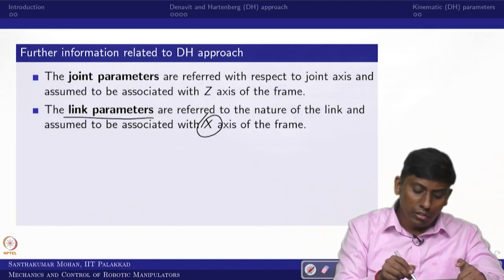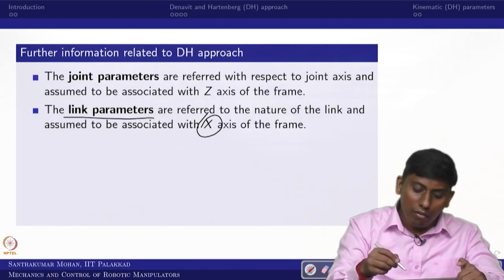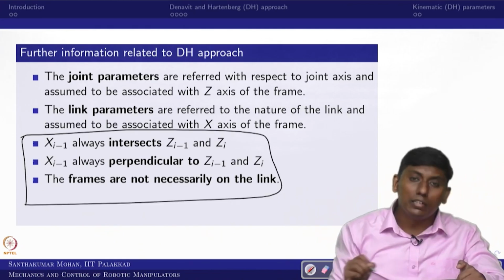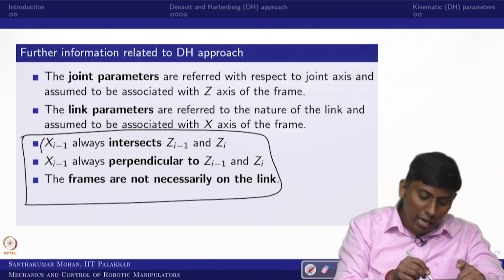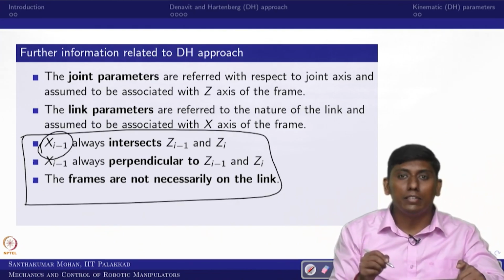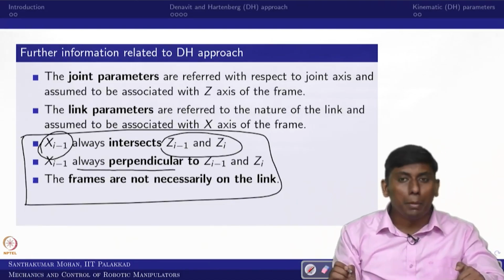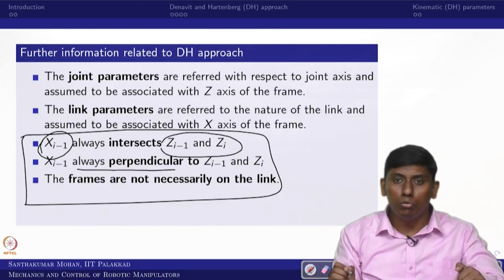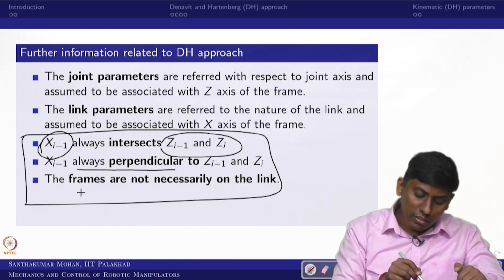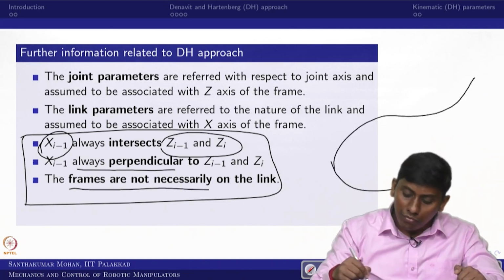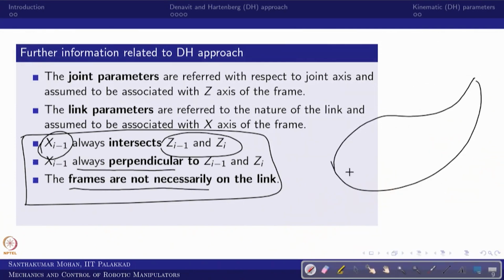So now this is a link parameter. Now we will see further. The x i minus 1 axis always intersects z i minus 1 and z i. If it is not intersecting, then it should be perpendicular to z i minus 1 and z i. The frames are not necessarily on the link. For example, this is the link, and here is one joint and this is another joint.